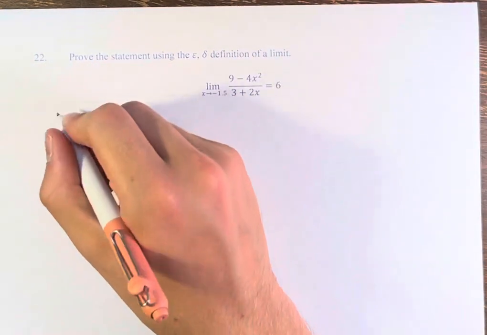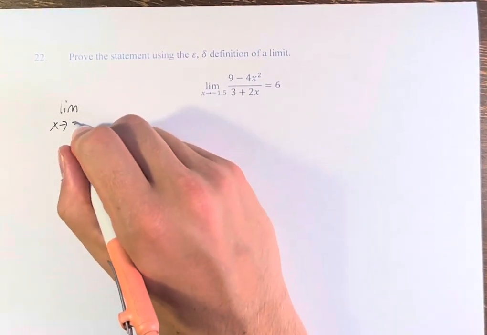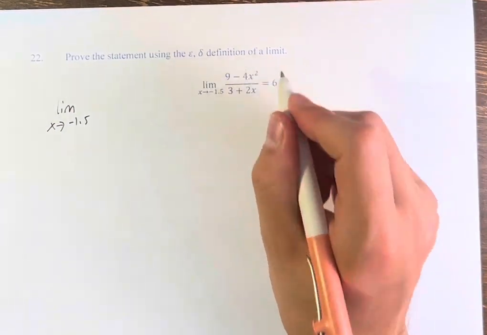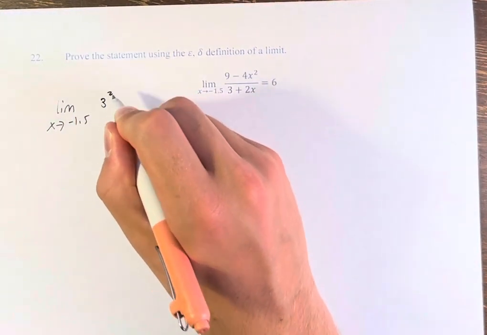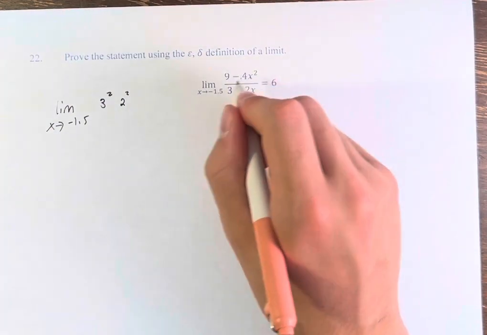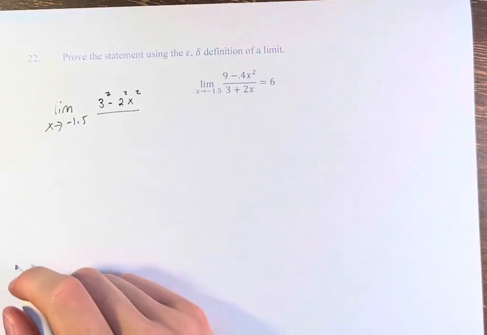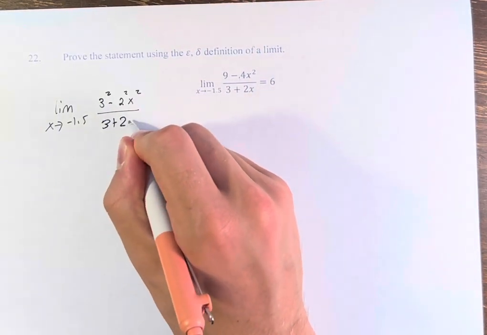this function. So we have the limit as x approaches negative 1.5 of, 9 we're going to write as 3 squared, 4x squared as 2 squared times x squared, over 3 plus 2x.